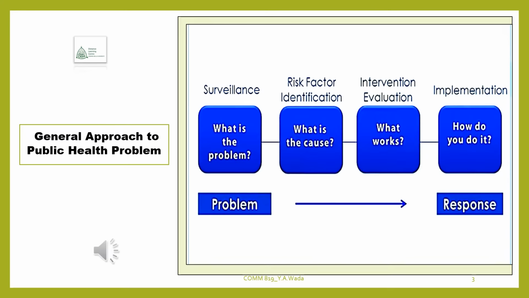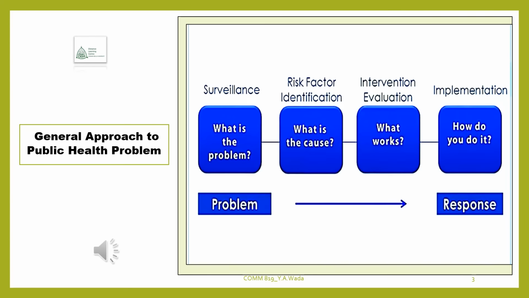We know public health problems are diverse and involve infectious diseases, chronic diseases, emergencies, injuries, environmental health problems, and other health-related threats. However, irrespective of the problem, in public health, we take a general approach by following four general steps.